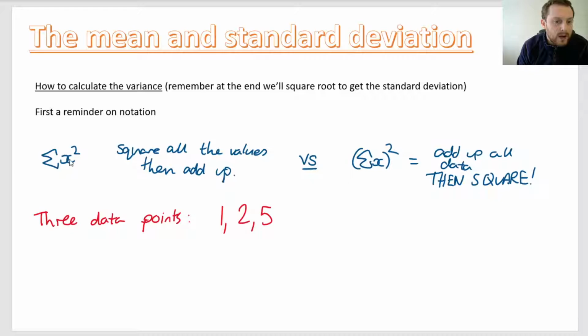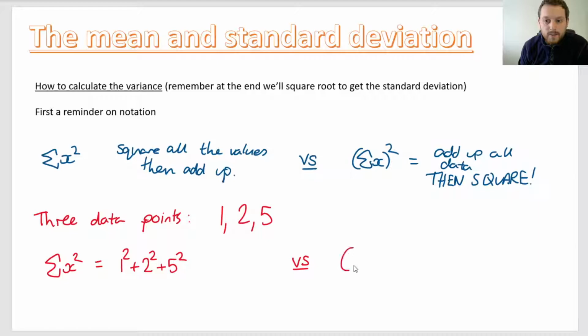If I'm wanting to work out this thing, the sum of the x squareds, I actually have to do 1 squared plus 2 squared plus 5 squared. This is in direct comparison with this thing, which would be add them all up and then square. So it's very important that you're quite clear about the difference here. We're going to get 2 different answers, of course.